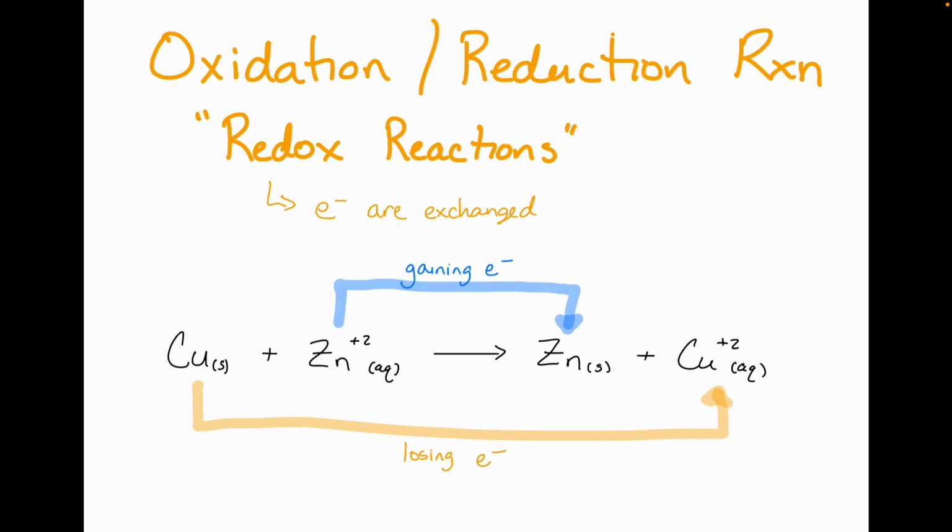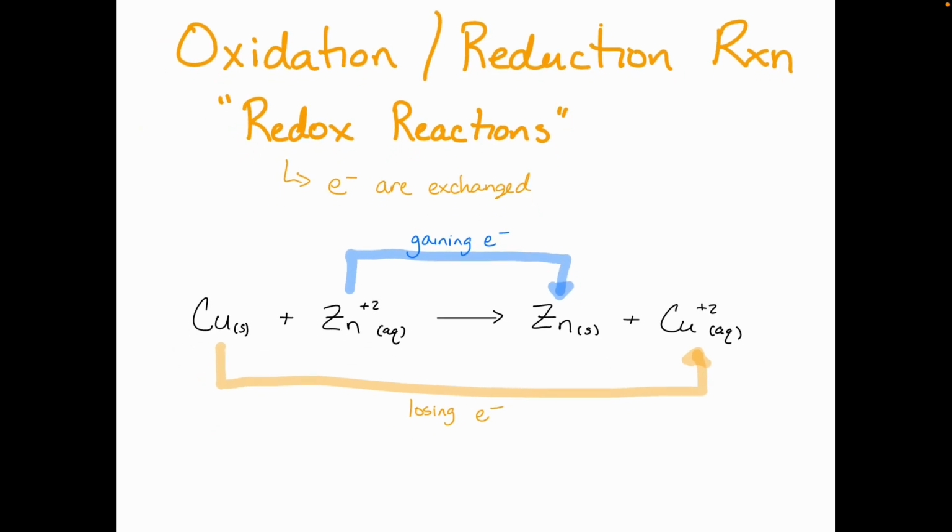And this is always going to be the case with a redox reaction. You're going to have one species gaining electrons. Where did they come from? From something else that was losing the electrons. Electrons can't be created out of thin air. So if one thing is gaining electrons, something else has to be losing electrons. Losing electrons is oxidation.